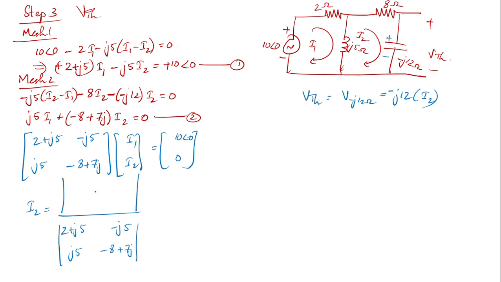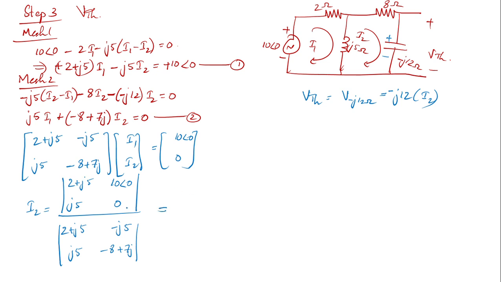In the numerator, you need to find out the value of I2, so you replace the second column with the column matrix. The remaining columns will be the same. So 2 plus j5 and j5 is not changed, and instead of the second column, you are going to give 10 angle 0 and 0. You can simply find out the determinants in your calculator.